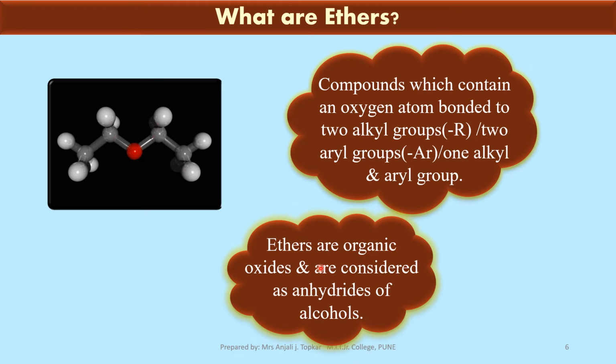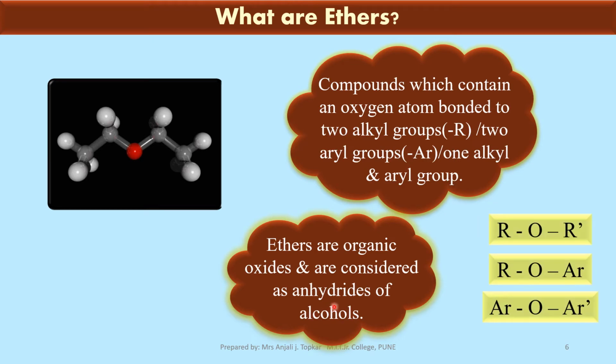Ethers are organic derivatives of alcohols. We can see here R bonded to oxygen, which is bonded to R, that is an alkyl group. We find here this is the oxygen atom, which is divalent. One valency of this oxygen is satisfied by an alkyl group and the other by another alkyl group.